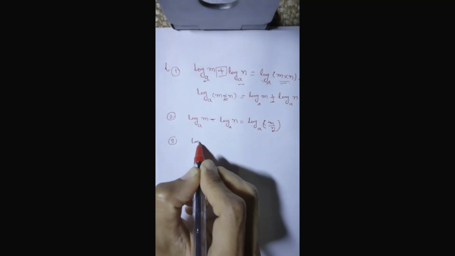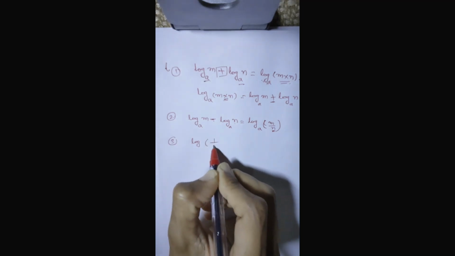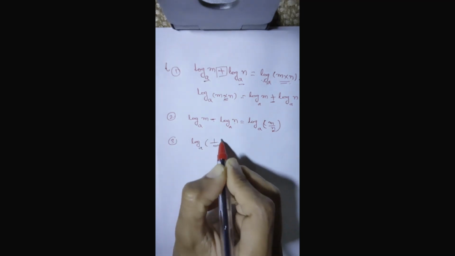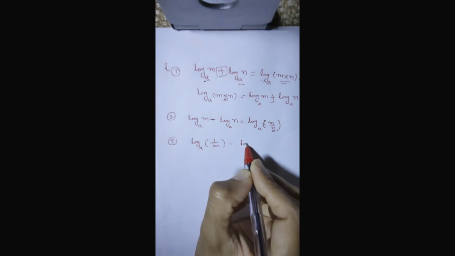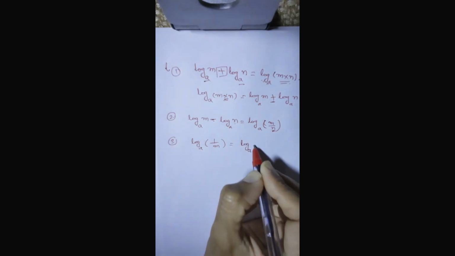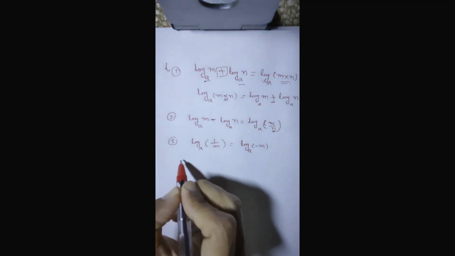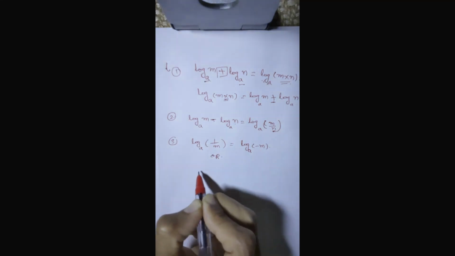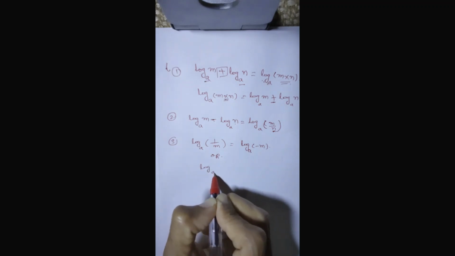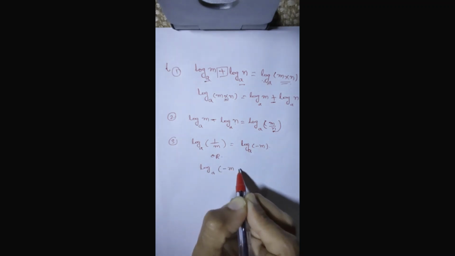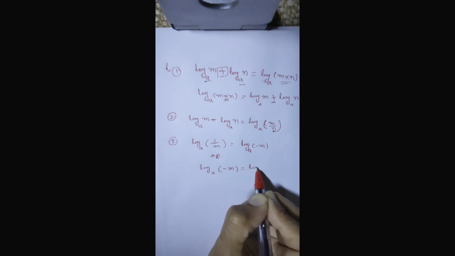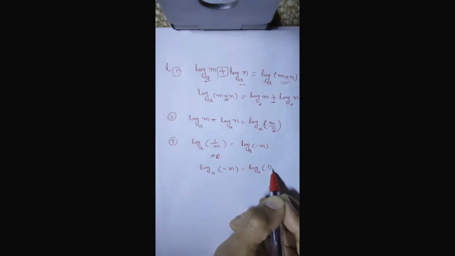So from this we can write that log to the base a of 1 upon m can be written as log to the base a of m to the power minus 1, or the same thing we can write the other way around. Okay, so I hope these two rules are clear to you.